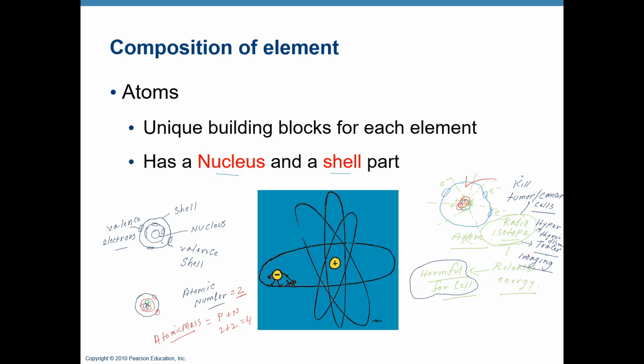Now, in an isotope, the atomic mass is different than the atom. If I remove 1 neutron from here, it will become what? An isotope, right? Fewer neutrons in the nucleus.